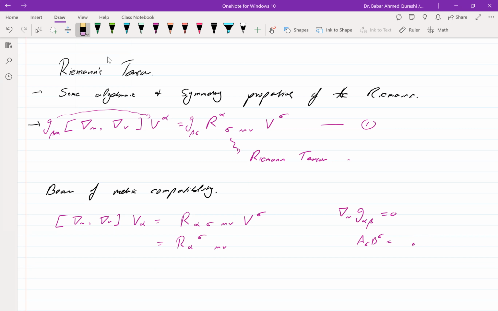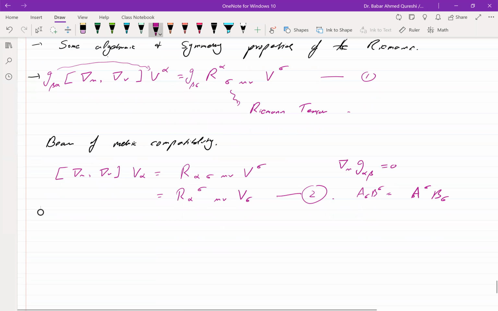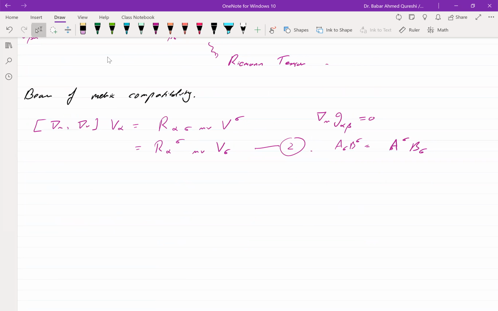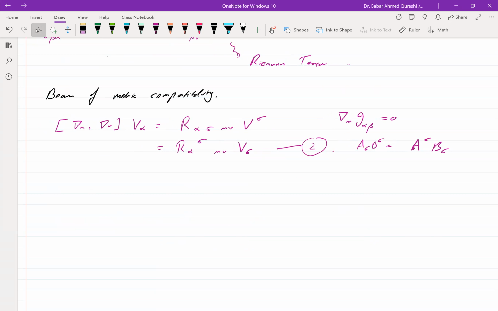So this would be the definition of the action of this commutator on a one form. You can extend this action to objects of various other index structures, but let's first move towards the symmetry properties.